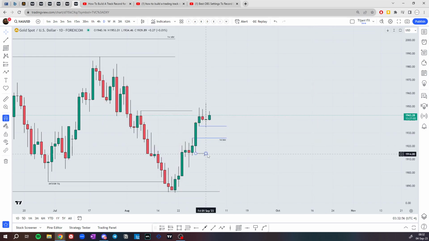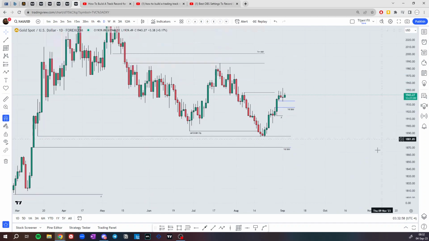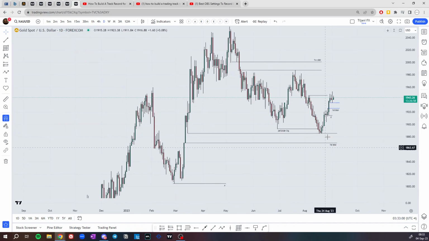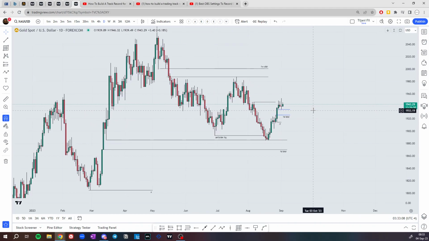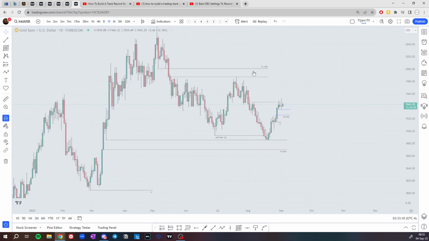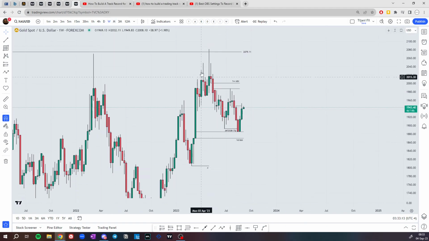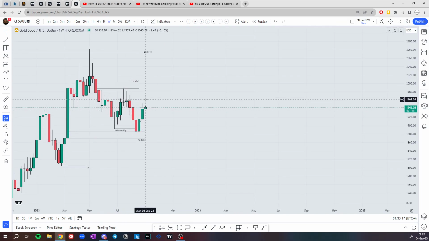Otherwise, I'm still expecting bullishness. Like we said, price has retraced to optimal trade entry and broken market structure above these highs here. Then the daily IF is bullish, while the weekly IF could be said to be still bearish until this high is taken.